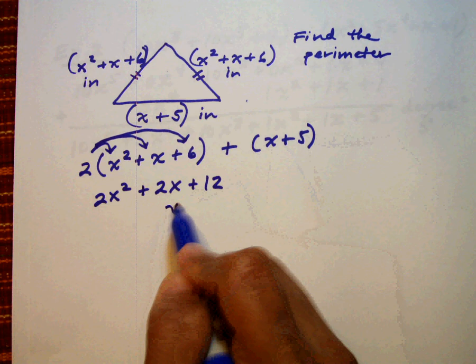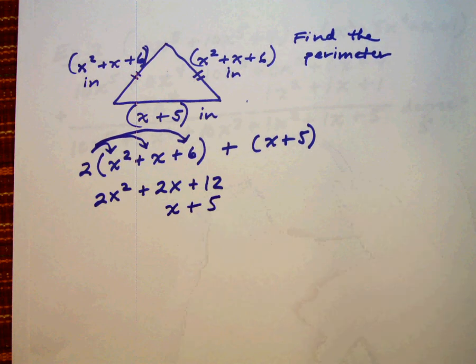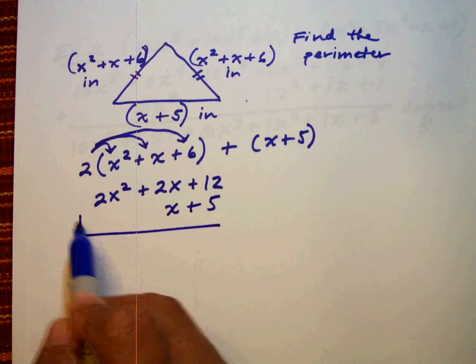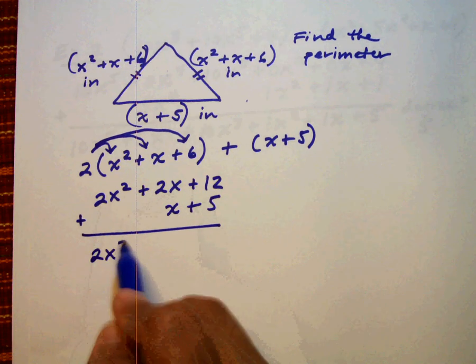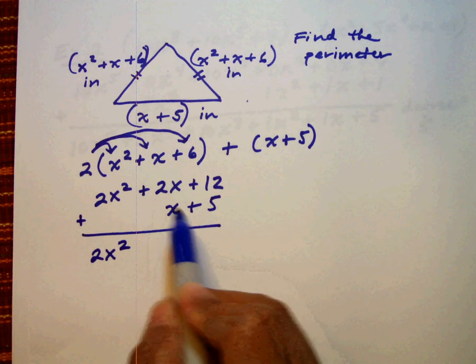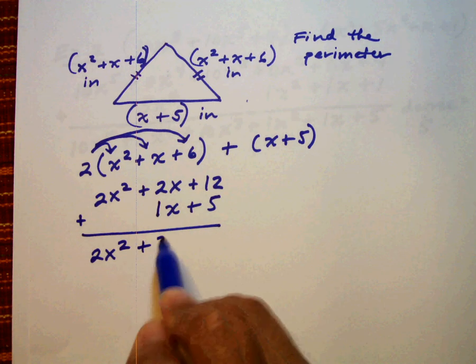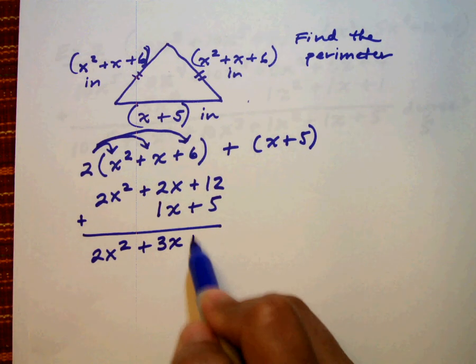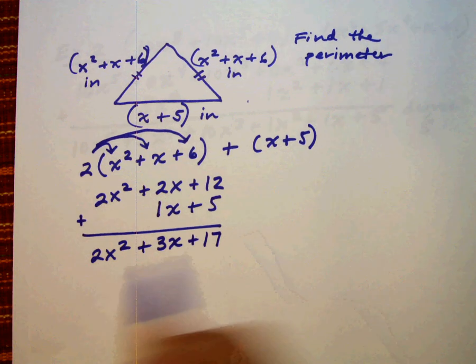If I add these up, 2x squared plus 0 is 2x squared. 2x plus x, which is the same as 1x, is 3x. Then 12 plus 5 is 17. So 2x squared plus 3x plus 17 is the perimeter of this triangle in inches.